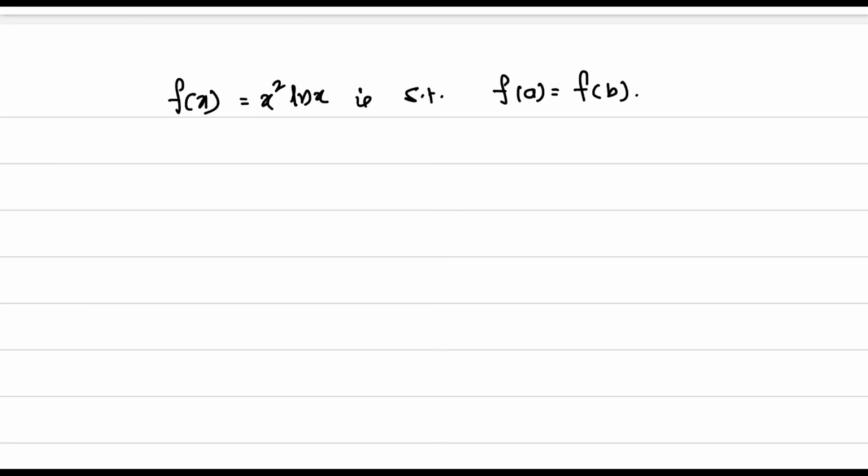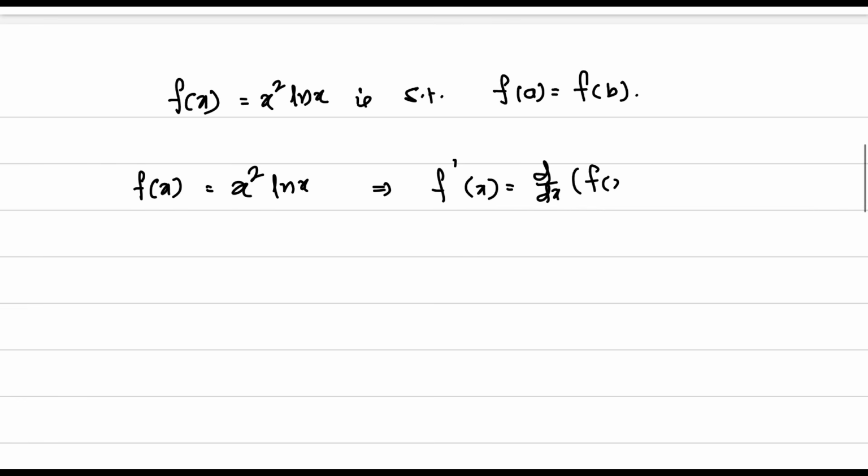Function x is given to you. When function x is equal to x square ln x, it implies function dash x, the first derivative, is equal to d by dx of function x.